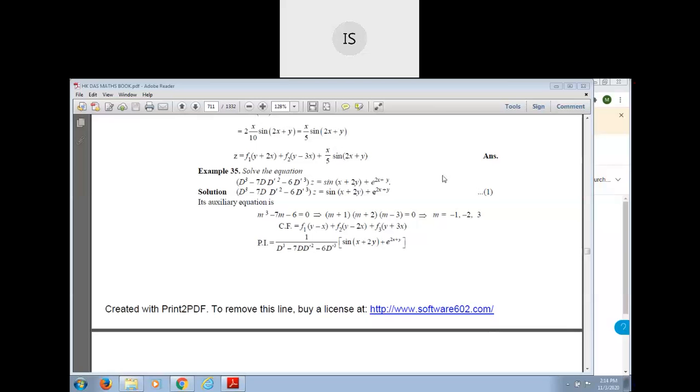So finally we get m plus 2 into m minus 3. Is it clear? So the required roots will be what?